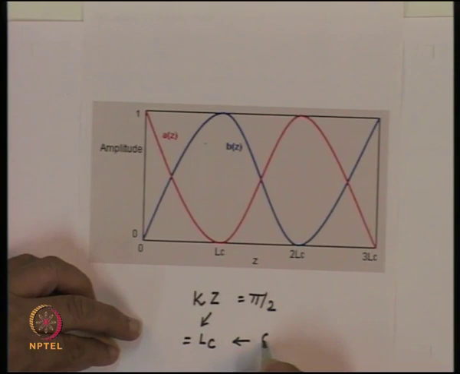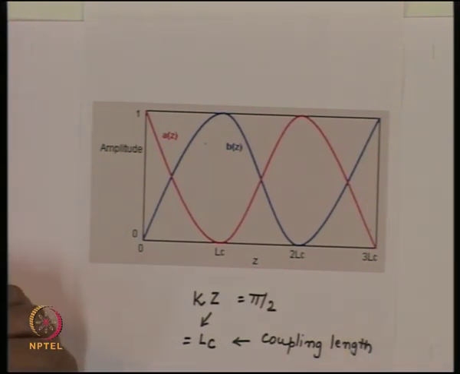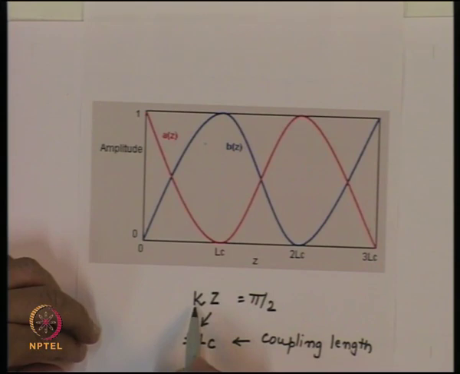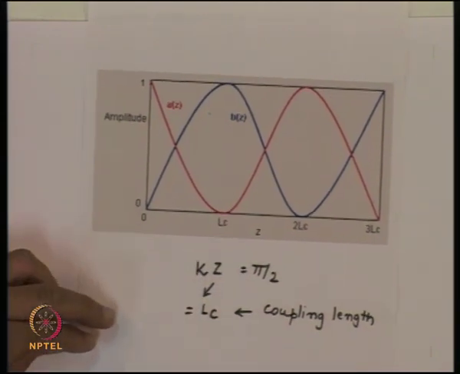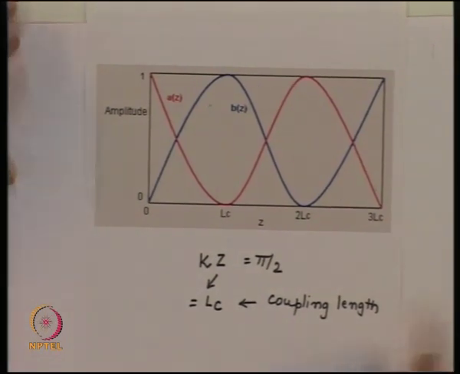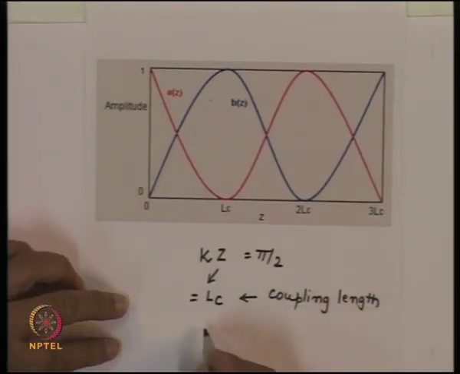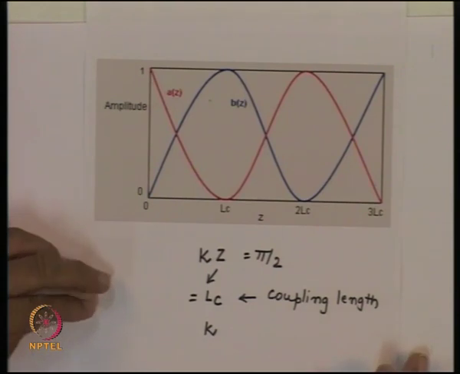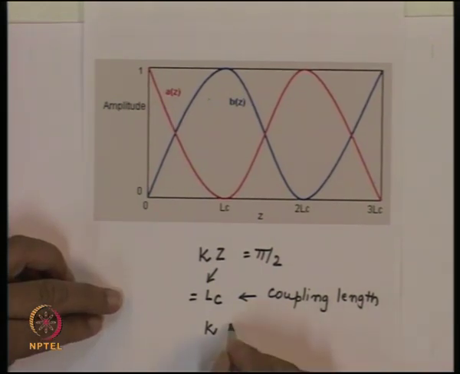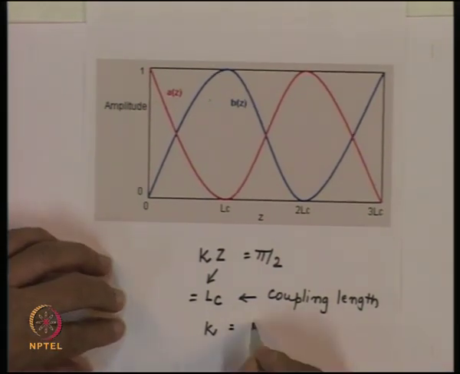So we have this characteristic parameter now. And now we can give some physical meaning to this quantity, the coupling coefficient which we defined. From here we can write the coupling coefficient K, that will be equal to pi divided by 2 LC.